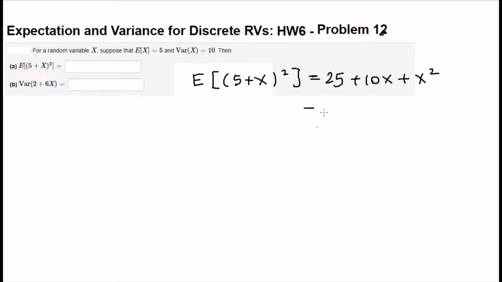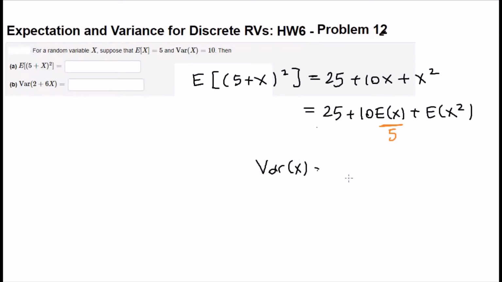And that is equal to 25 plus 10 times the expectation of x plus the expectation of x squared. Here we know the expectation of x is 5, but we don't know the expectation of x squared. The variance of x by definition is equal to the expectation of x squared minus the quantity expectation of x, squared.